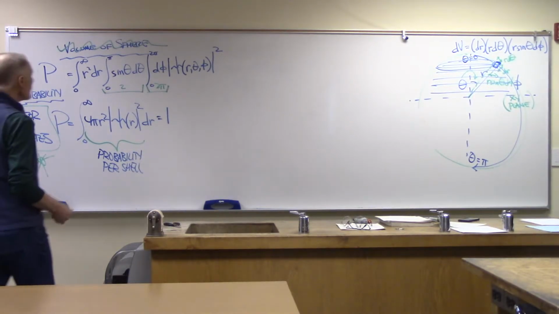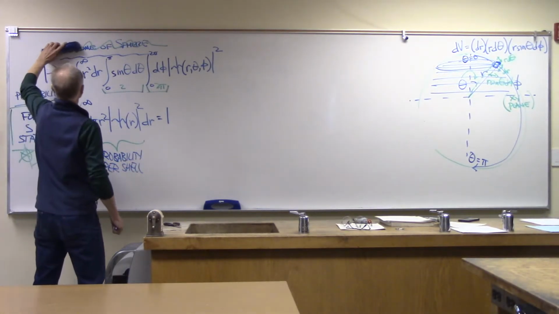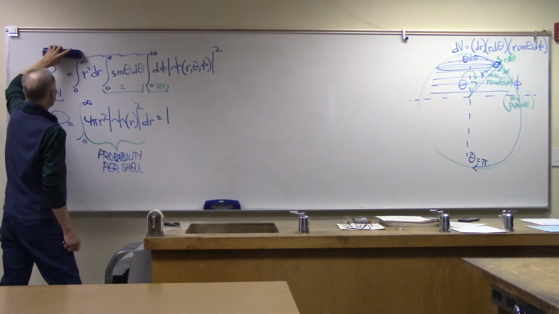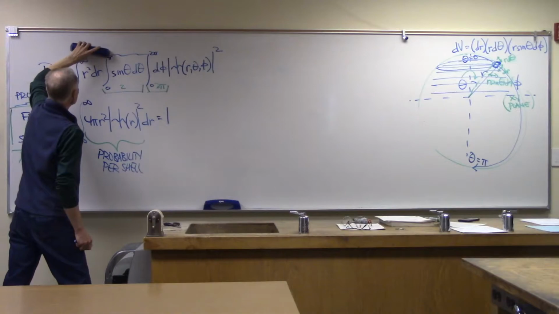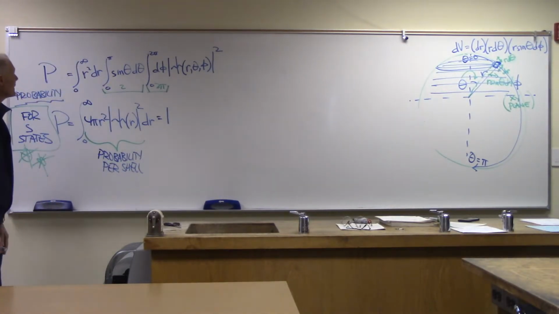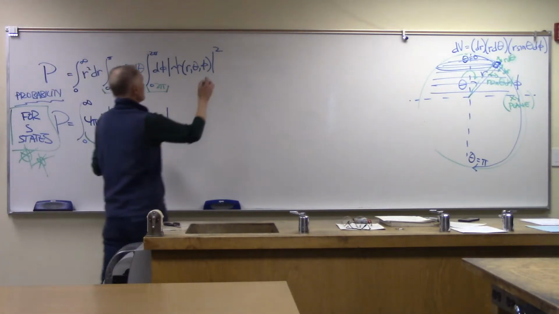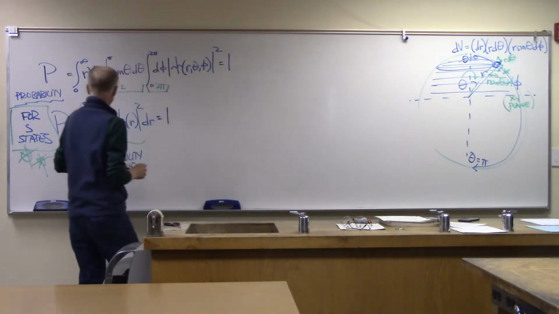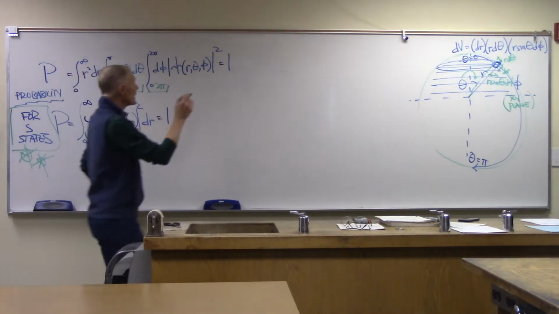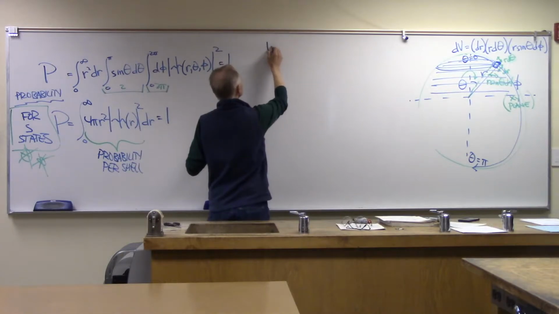What we had done on Monday, when we were finishing up, was we had started looking at calculating probabilities. Now, we, at this point, want to take the 1s wave function.